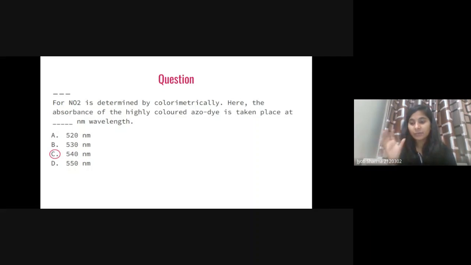Whenever you have more color intensity, that will give you more absorbance when you pass light through it, and that will give you the concentration of sulfur dioxide or other gases. So there is a relation between color, absorbance, and concentration. I gave you the hint that the law starts with the name Beer.